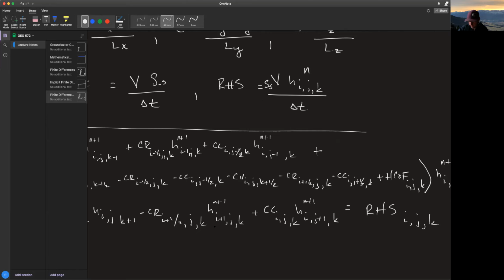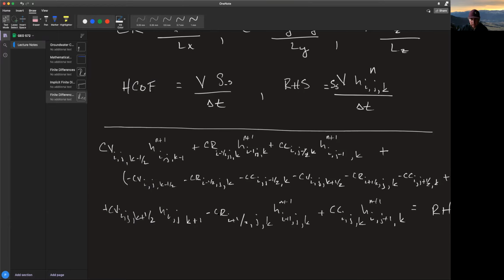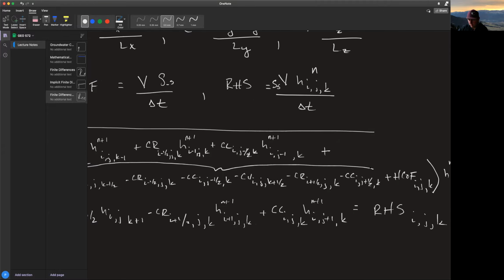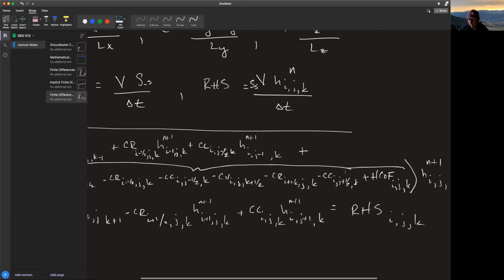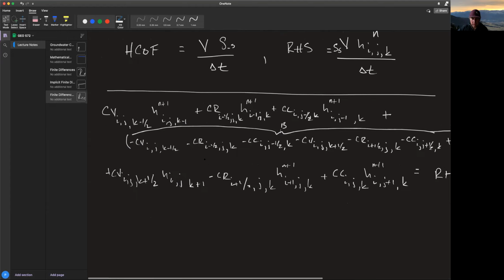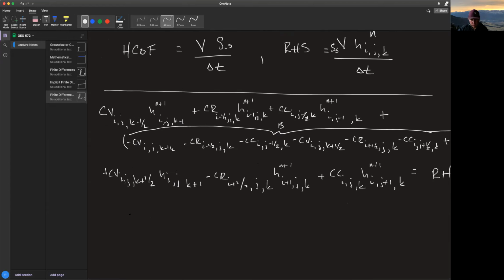All right, so this whole thing that we're multiplying by the current location, this whole parentheses term, let's just call it B. Well, we can think of this now. We can write a system of equations, where we've got this big bracket, and we've got a bunch of diagonals.